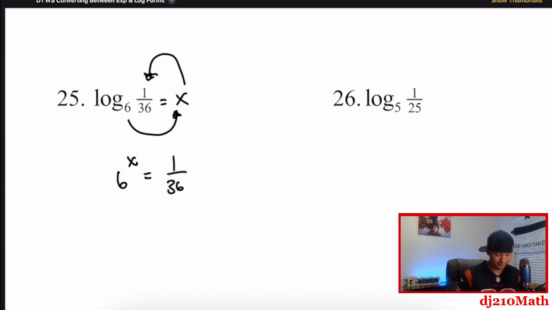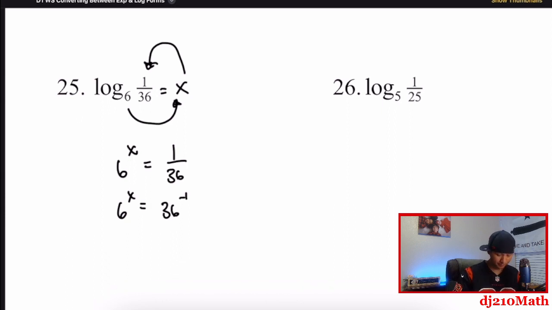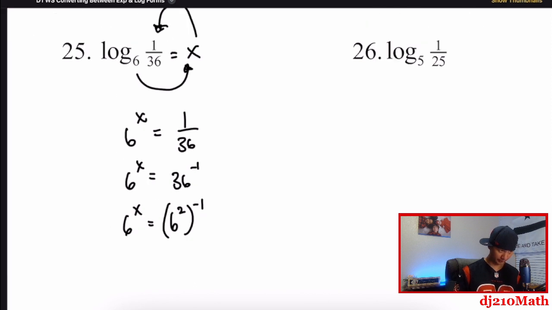I know it's going to be negative because there's a fraction, but you could say 6 to the x power equals 36 to the -1, because that brings the 36 up. And then we could rewrite 36 as base 6 squared, right, because if you think backwards for just a moment, 6 squared is 36.